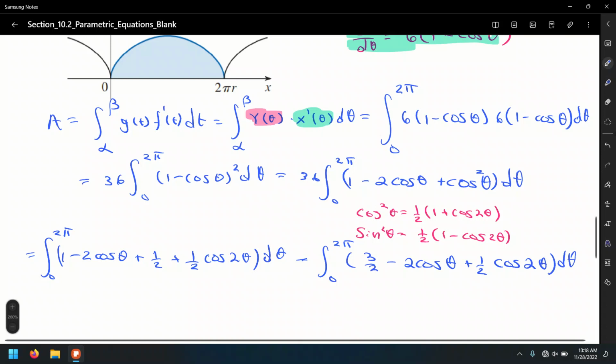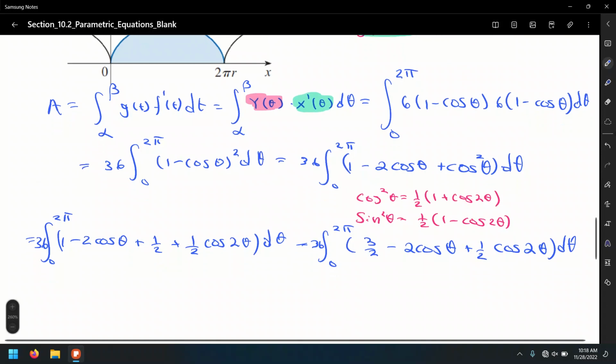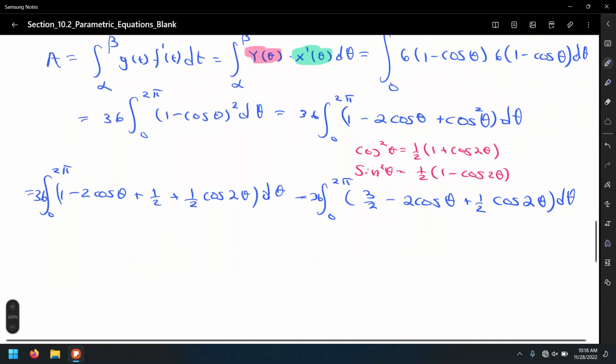Okay, this is the integral of a constant. Oh, I forgot the 36 here. 36, and yes. Well, let me actually write it in terms of three integrals. I think it would be better so we don't get messed up with all these constant factors. So 36 over 2, that's 18, and 18 times 3, okay, 54.